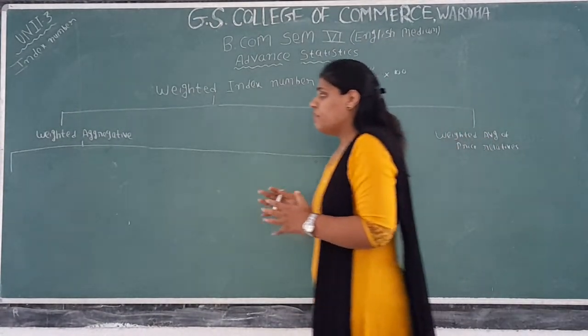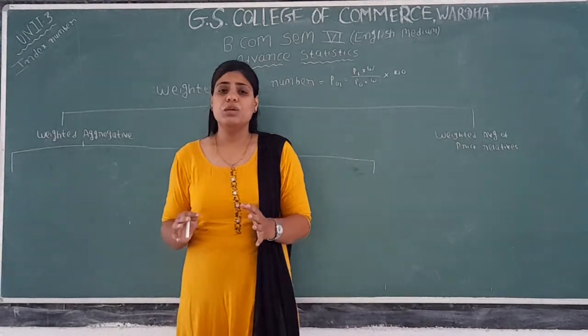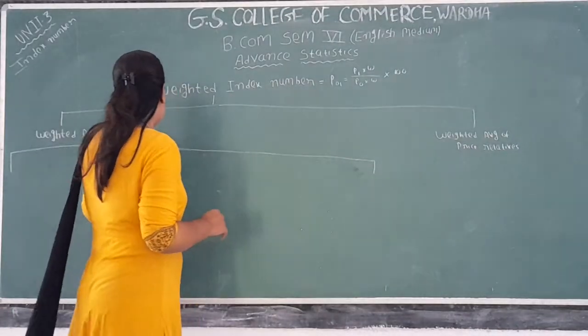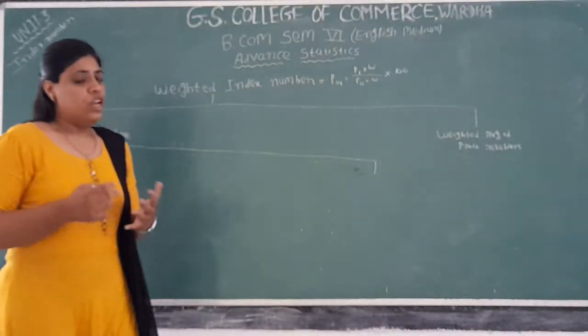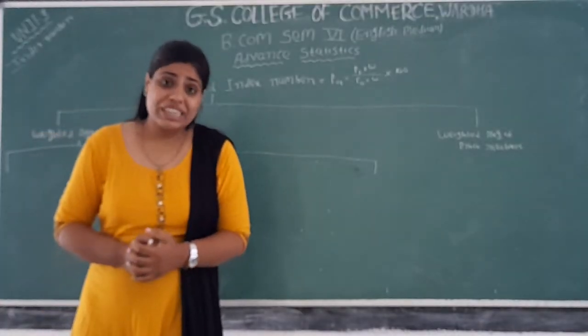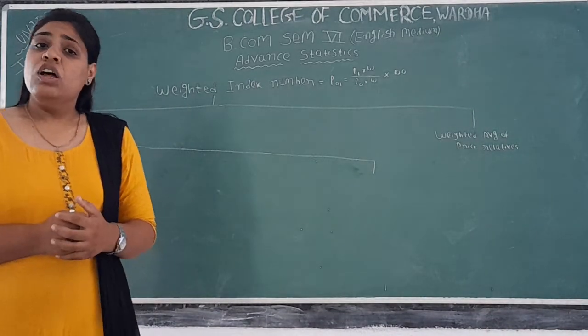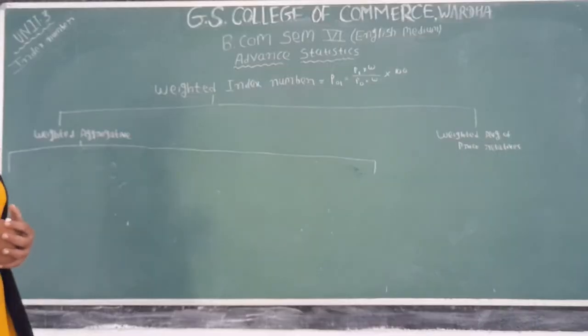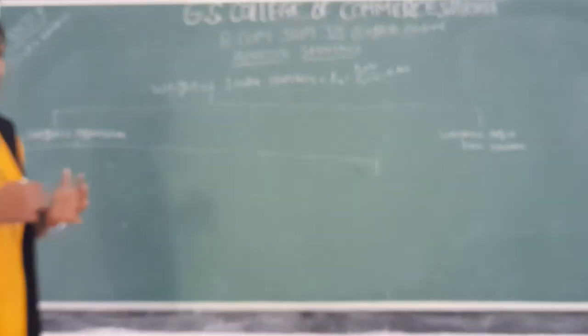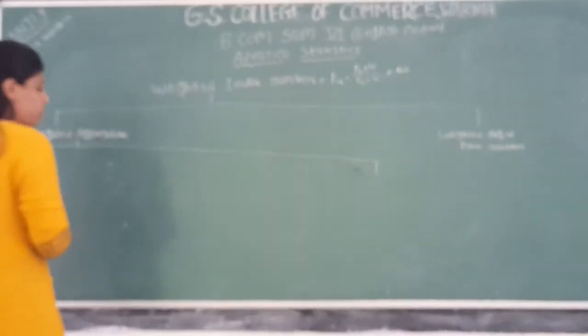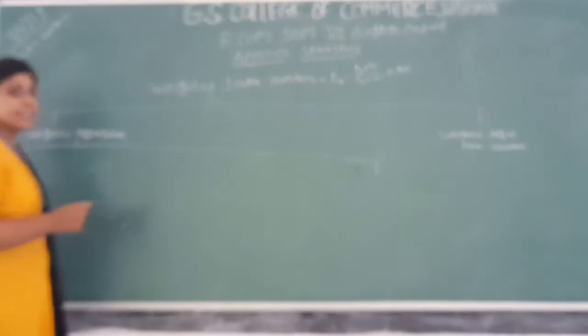First of all, we are going to deal with the numerical problems which are related with the weighted aggregator index number. For computing this, we have different methods. We have different formulas which have been given by different experts in this field. So first formula that we have under weighted aggregator index number is of Laspeyres.